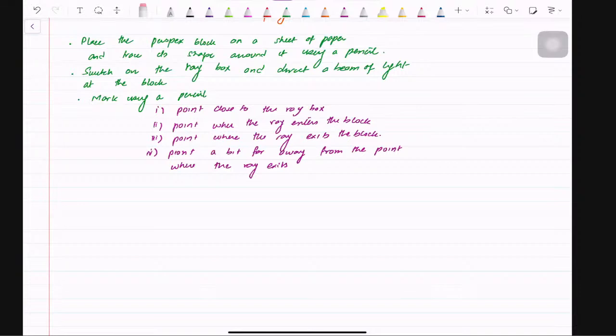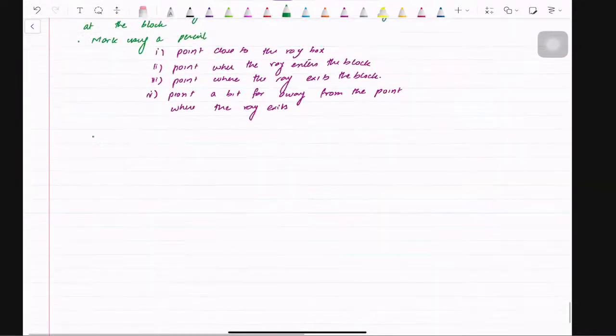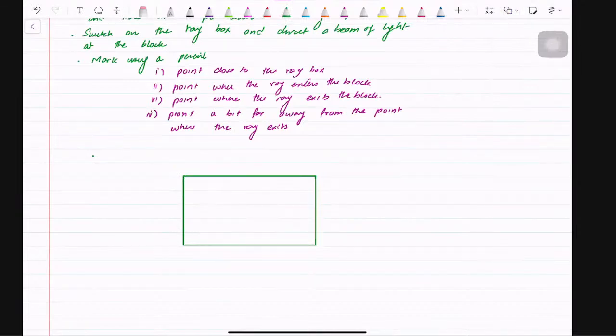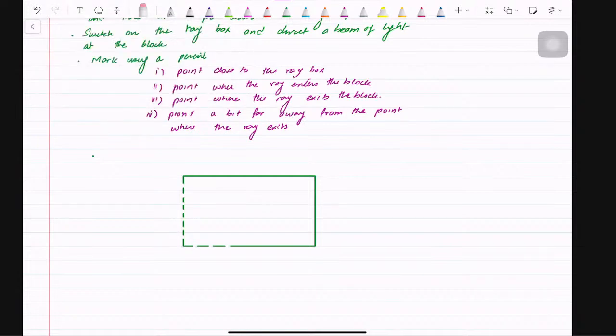And then what you're going to do is, because you've already traced it, when you remove this, it is going to look like your glass block, perspex. So you've traced the thing, and now it looks like this.